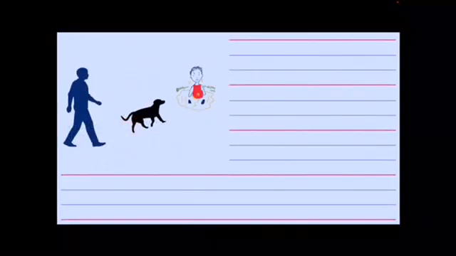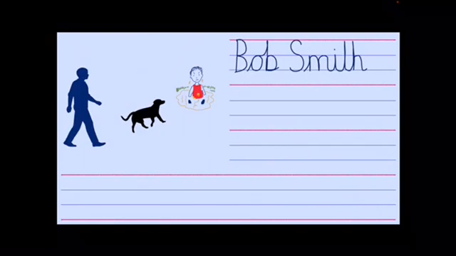Bob Smith spots Kath. Bob, Smith. Both of them are names, so both words needed a capital letter at the beginning.